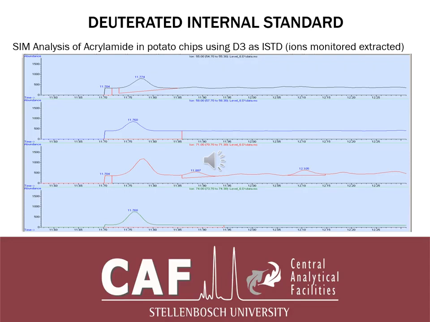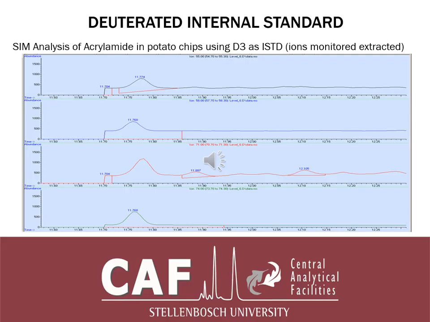So of which the ion 55 might be a qualifier, and then ion 71 might be a quantifier of the unlabeled acrylamide, and then 58 might be the qualifier for the deuterium labeled, and then 74 the quantifier for the labeled.